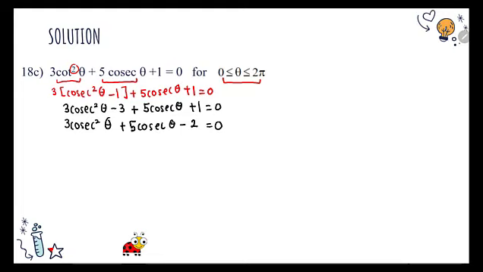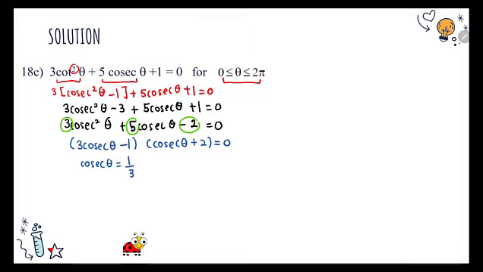Next, we're going to do this as quadratic equation where this is your value of A, this is the value of B, and this is the value of C. So key in into your calculator to factorize A as 3, B as 5 and C as negative 2. So once you key in, you will get the factor as 3 cosecant theta minus 1 multiply cosecant theta plus 2 equals to 0.